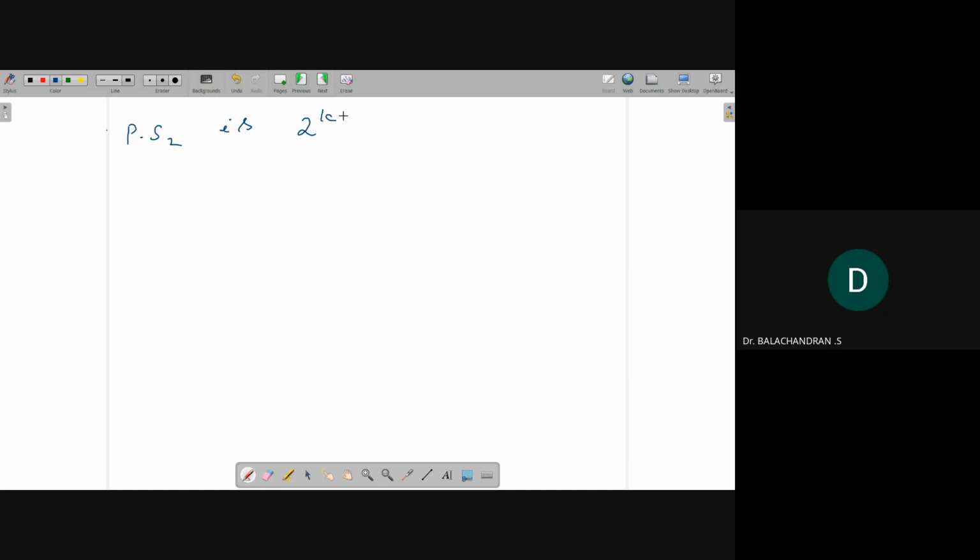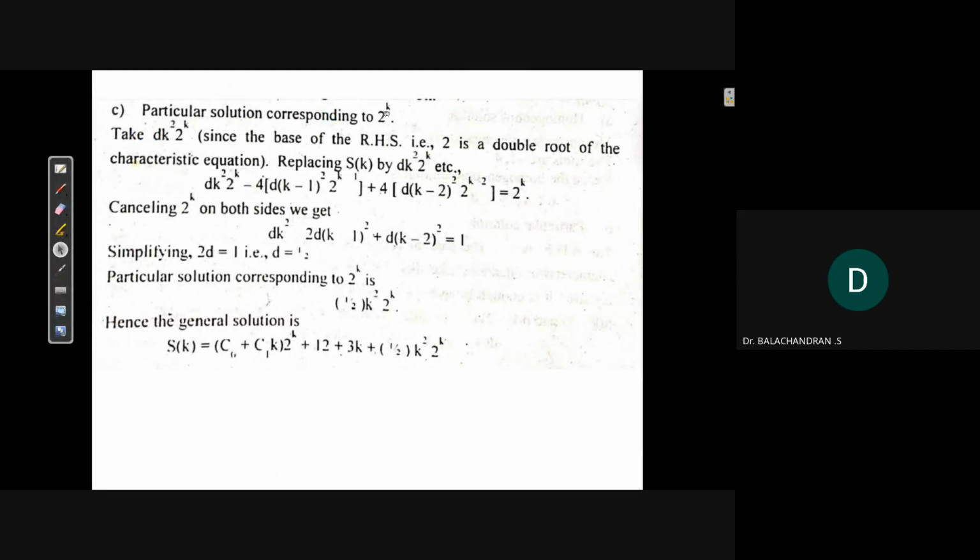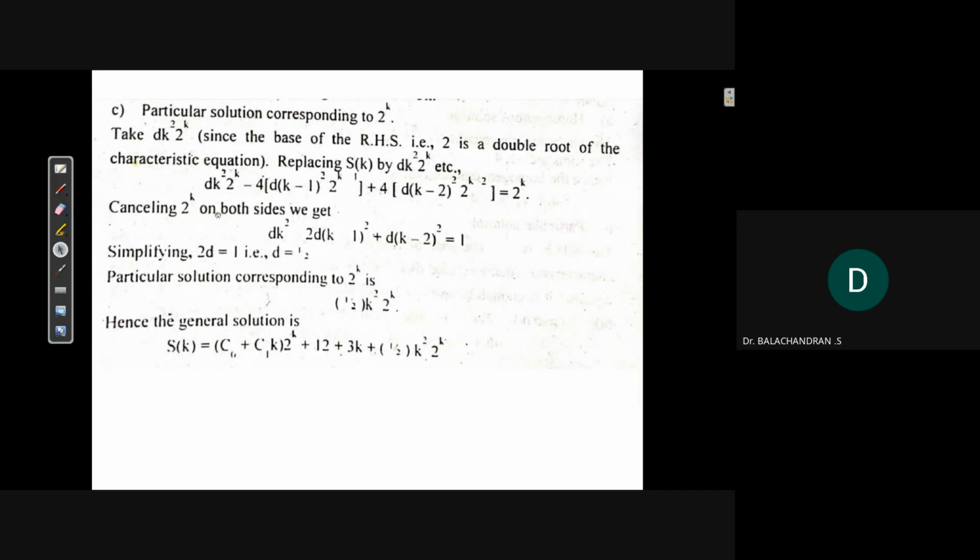Charge is very low, I'll put charge. Okay, yes. But we know that already. I told that this 2 coincides with your characteristic root. It is a double root. So that's why we'll take k square.